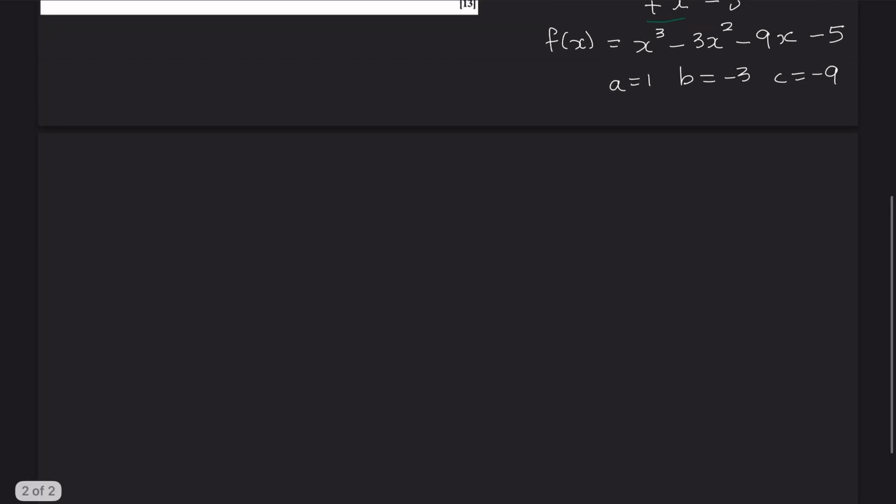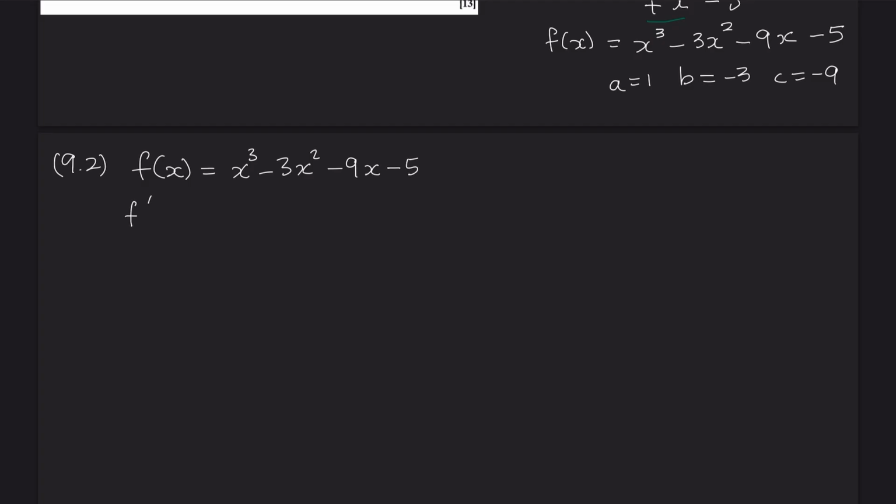So question 9.2, our function is x to the power of 3 minus 3x squared minus 9x minus 5. We need to take the derivative, and the derivative is going to be 3x squared minus 6x minus 9.